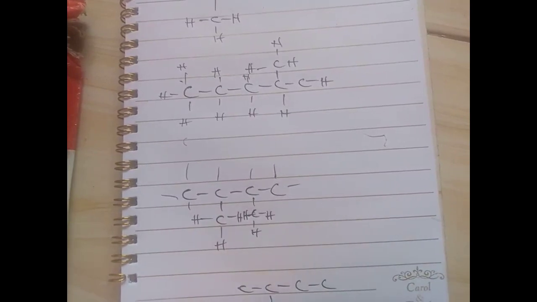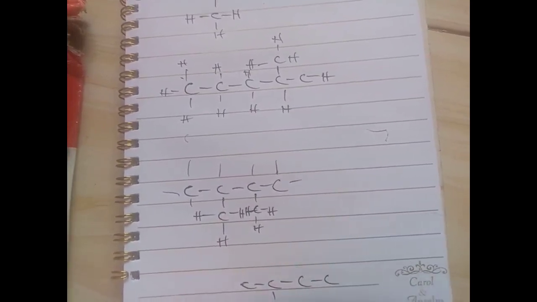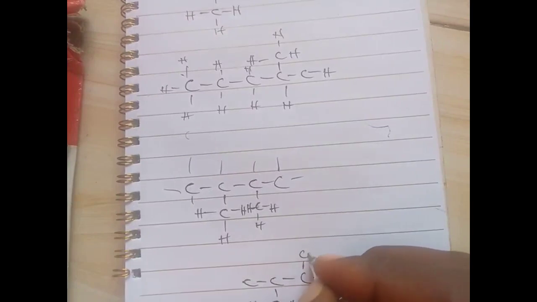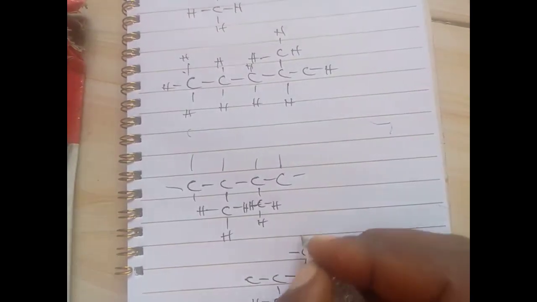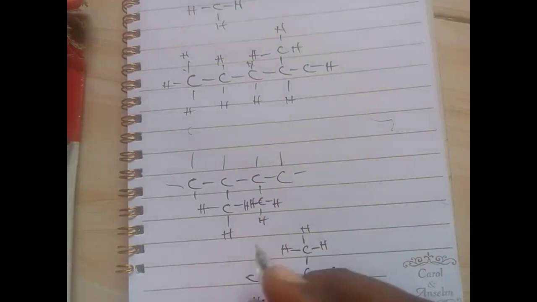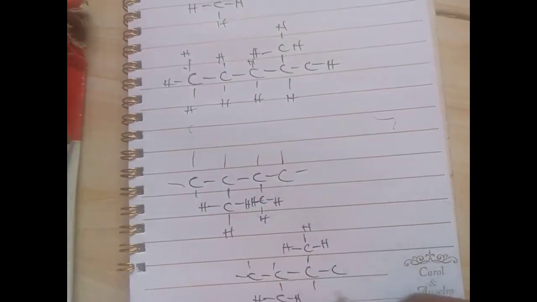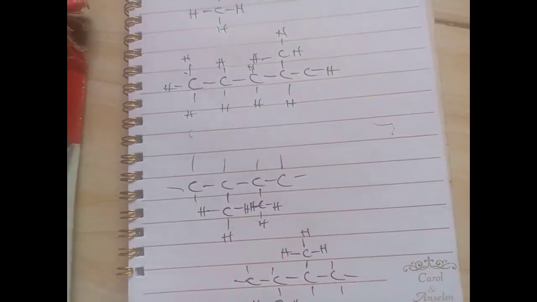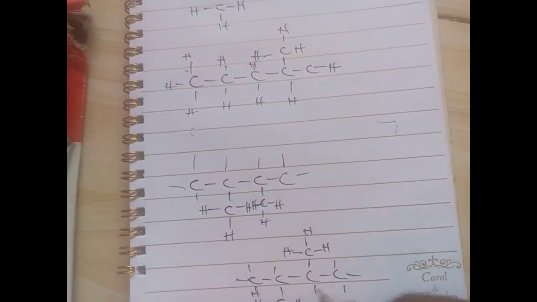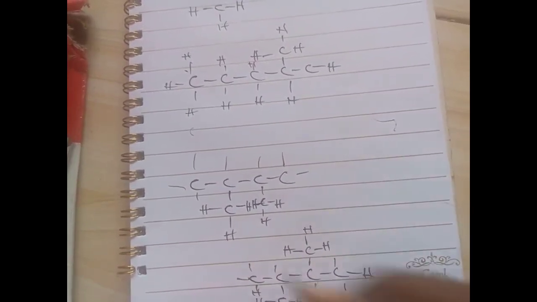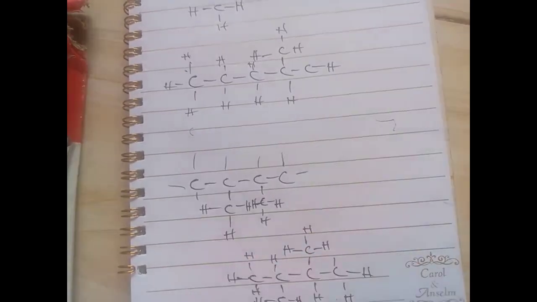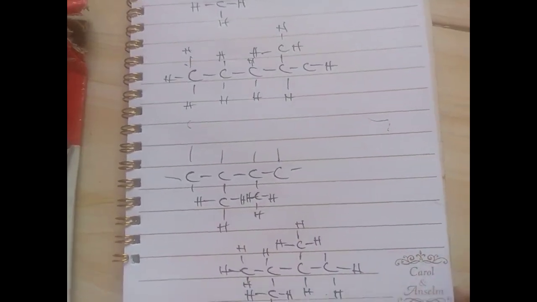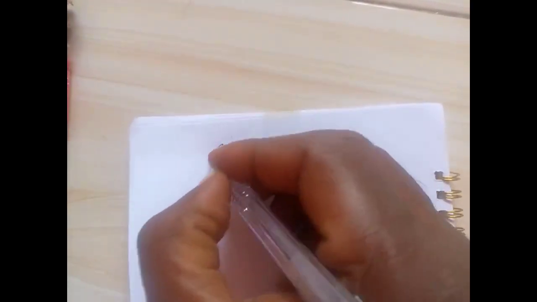Put one methyl down, put another methyl up. Still the same thing. The rest hydrogen. The same, 2,3-dimethylbutane. Then the next one is 1-bromo-2-chlorocyclohexane. We draw cyclohexane first of all.